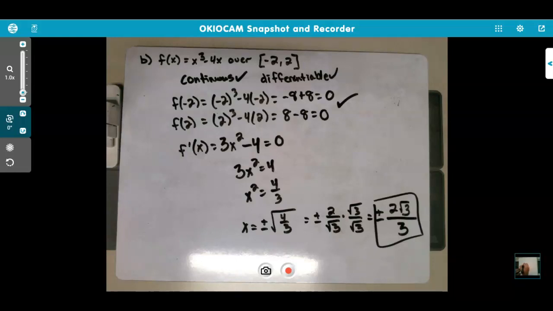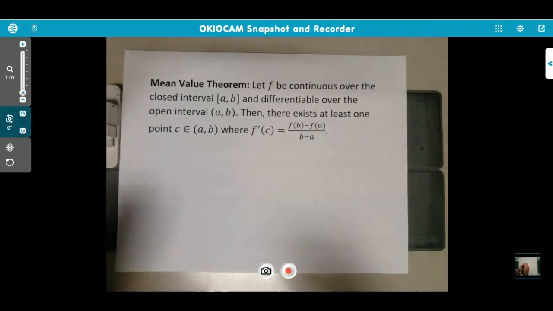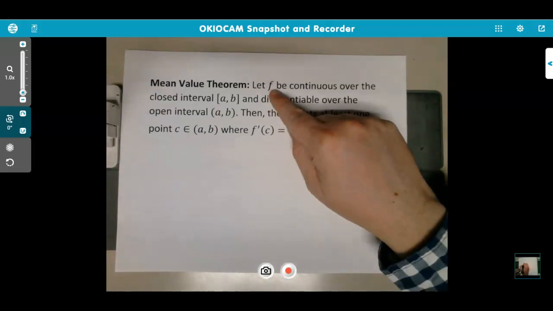All right, from Rolle's theorem, we have another theorem called the Mean Value Theorem. Let f be continuous over the closed interval from a to b and differentiable over the open interval from a to b. But that's all that it says must be true about f, right?